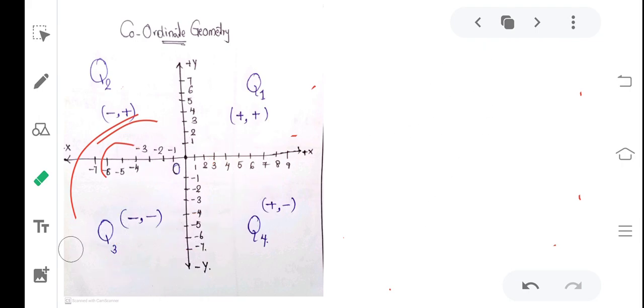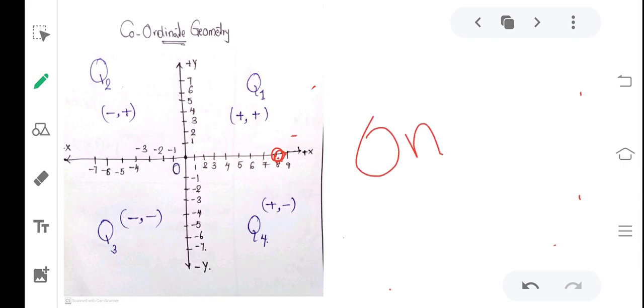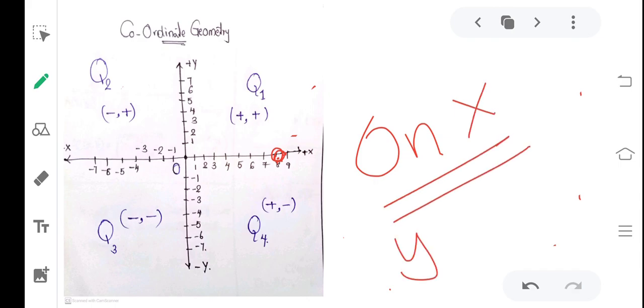Okay, so some conditions are there here. How is the point? Suppose a point is on the x-axis. A point on the x-axis means the y value should be 0. If any point lies on the x-axis, then the value of y must be equal to 0.